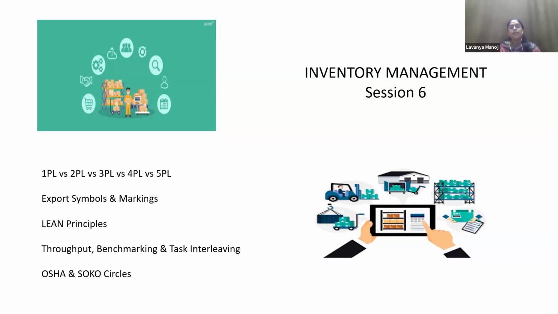Then lean principles, the most important topic, because many production, warehousing, logistics and supply chain companies strictly follow these 7 lean principles to maintain sustainable green logistics, which is a very important factor for the environment right now.